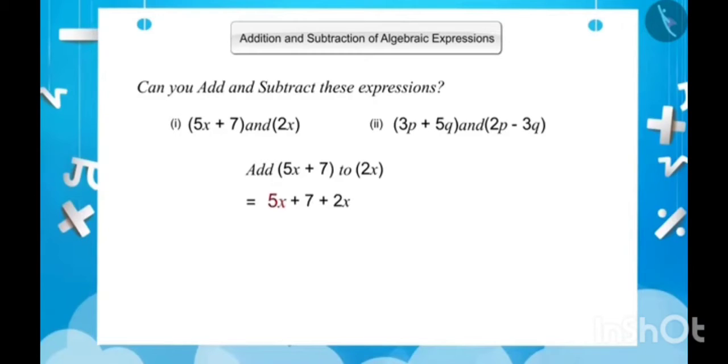Here, 5x and 2x are like terms, so we will arrange them as 5x plus 2x in brackets plus 7. 7 is the unlike term and will not be added. So by adding the like terms, we get 7x plus 7.